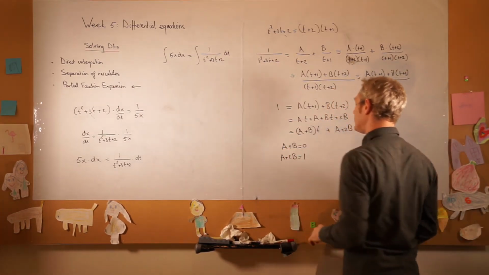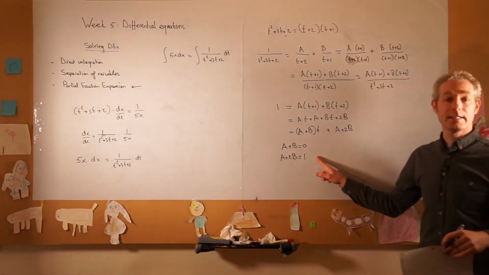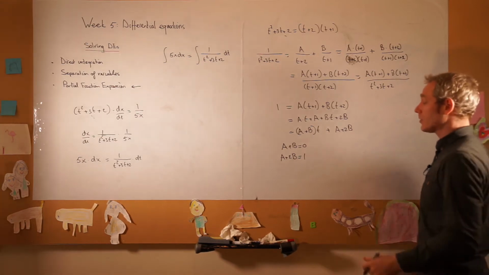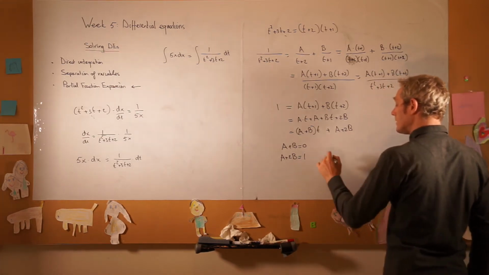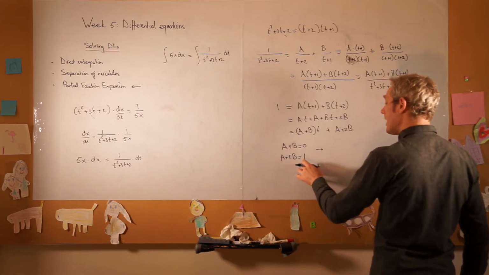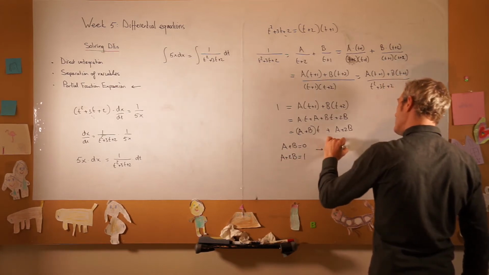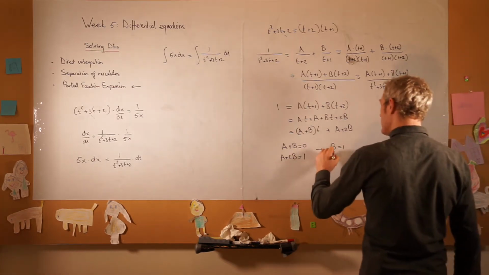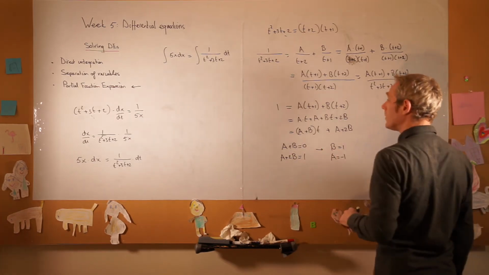and a plus 2b is equal to 1. Now this is a set of two equations with two variables, and we know how to solve these. I'm going to subtract the first from the second, and I end up with b being equal to 1. And if b is equal to 1, then a must be equal to -1.